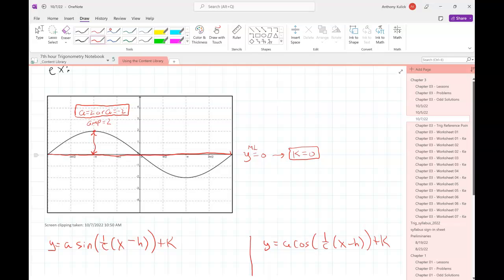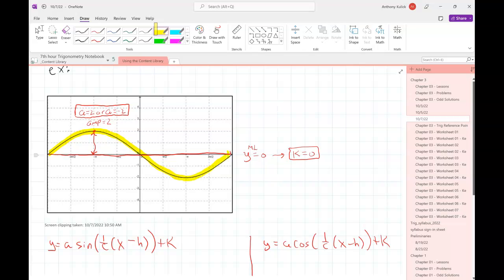The next thing we're going to look at is the period. The period is, in words, the horizontal length of the longest non-repeating section of our graph. Well, if I look at our picture, the entire thing is a non-repeating section.